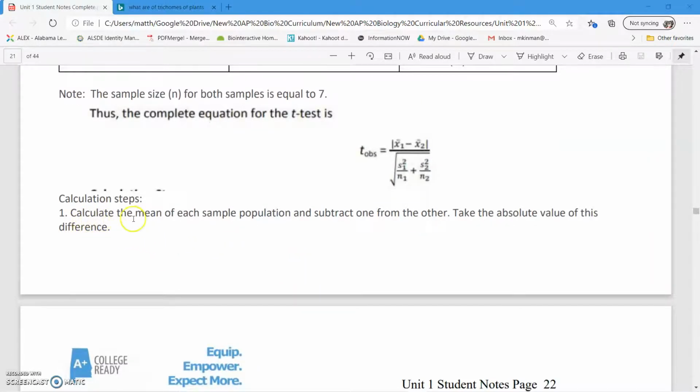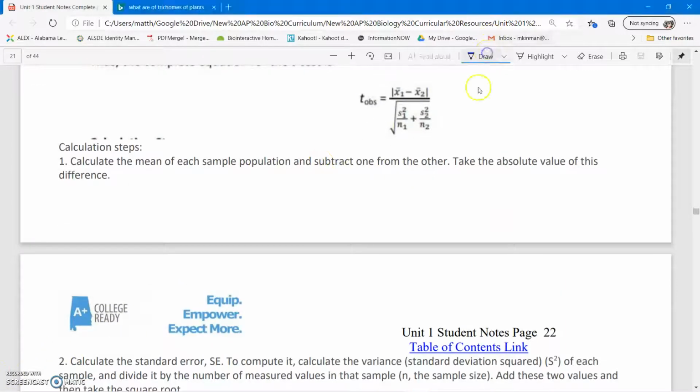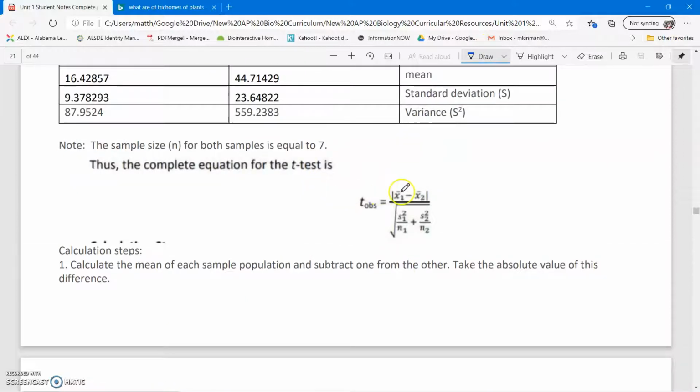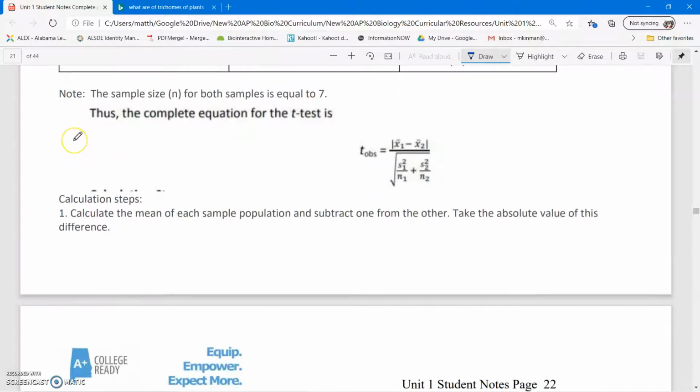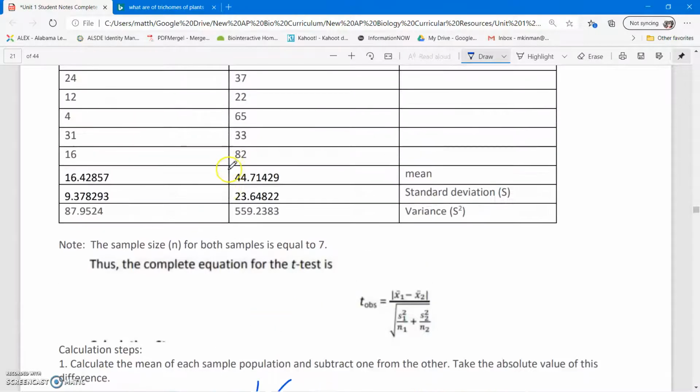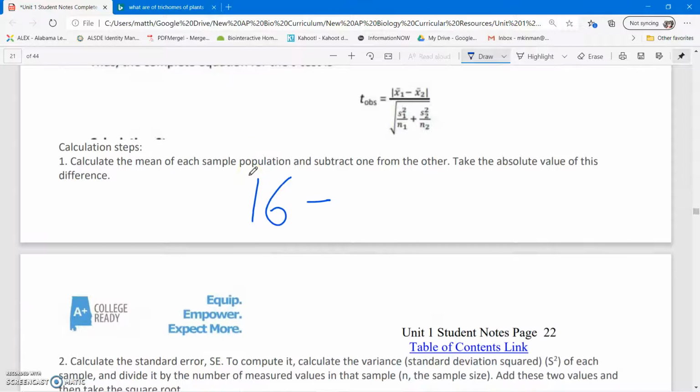We want to calculate the mean of each sample population and subtract one from the other. Take the absolute value of this difference. Our x bar 1 represents the mean, so our mean for the first set of data is 16, minus our other mean, say 45.